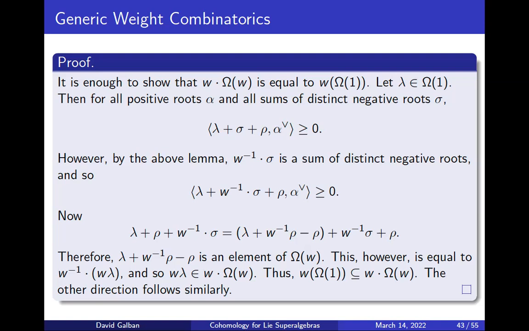And so that means W lambda is going to be in W dot omega W. And so we have this inclusion here, and the other direction is going to follow similarly. And so what this is going to mean is that all of the other generic regions, the W dot omega W's, will just be conjugate by the regular action to omega 1.